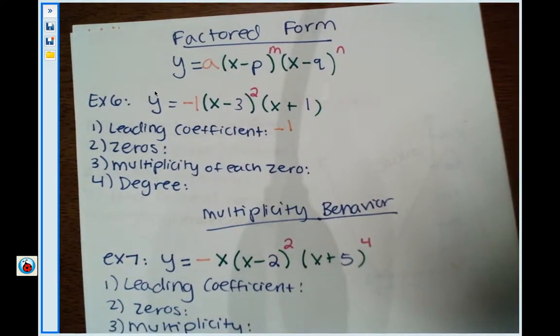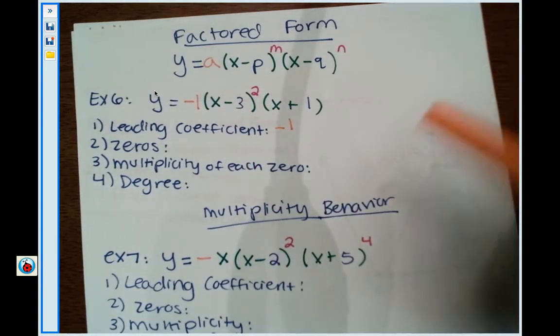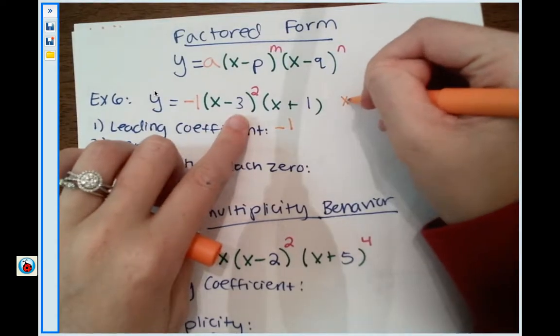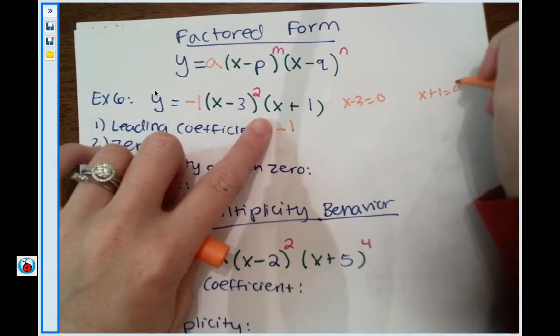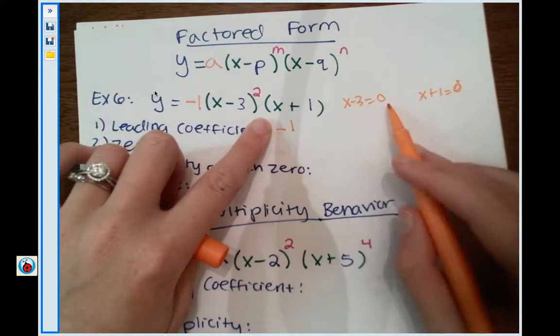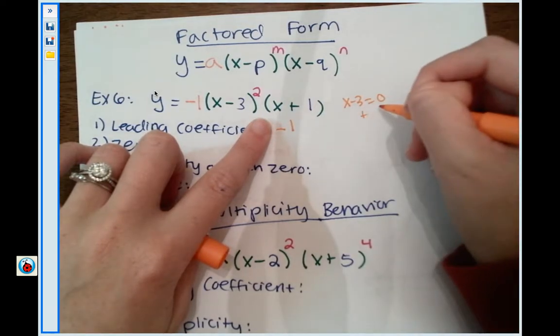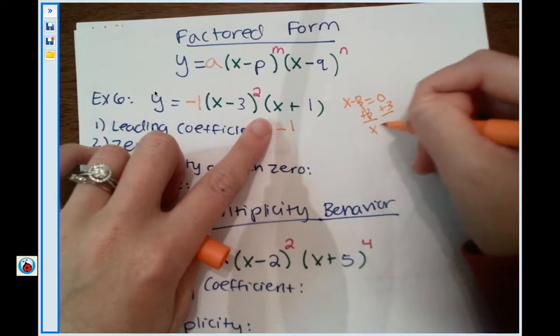Now the zeros, technically what we're doing to find the zeros is setting each of these equal to 0. So we could say x minus 3 equals 0, x plus 1 equals 0. You could do this and solve them. So you'd add the 3 on both sides, those would cancel out and you get x equals 3.